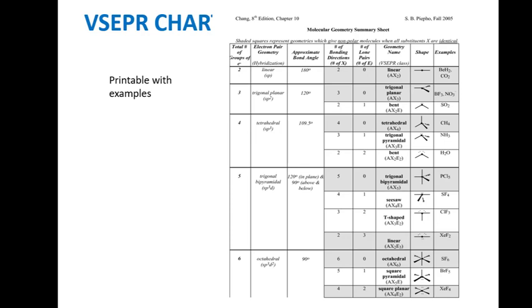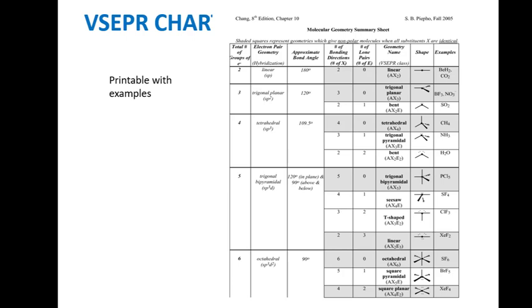This is an example of a VSEPR chart, so I do not expect you to memorize all of these things. There is a formula chart that contains some of this information. Please look at the VSEPR chart, and I expect you to be able to use that during any exam. So I don't require you to memorize all the information.